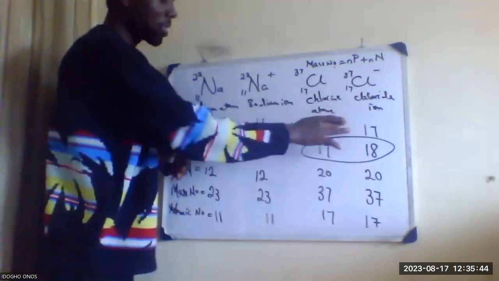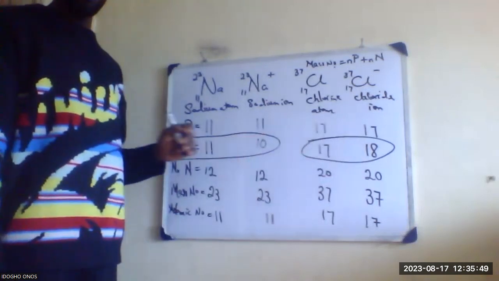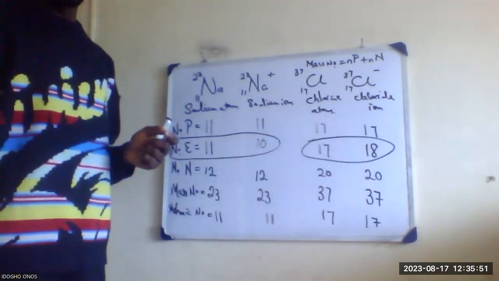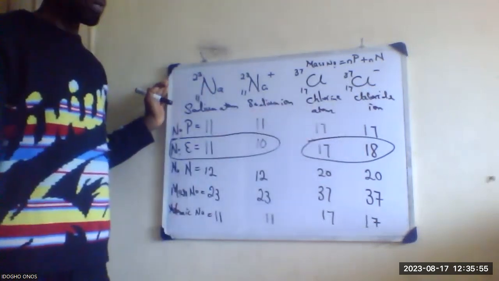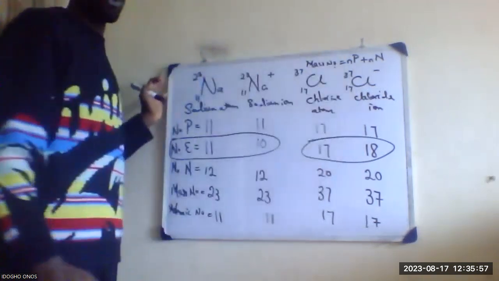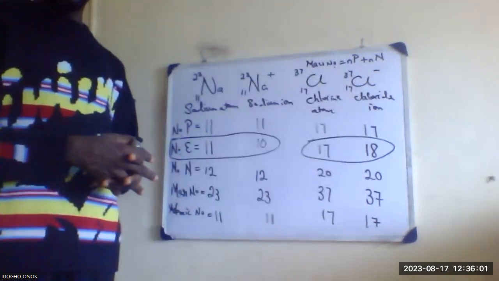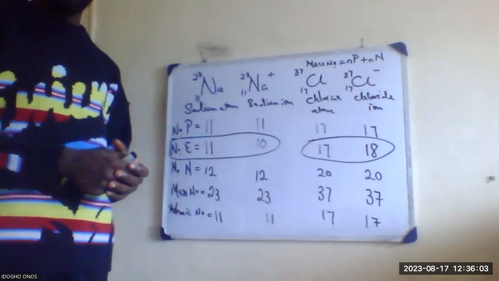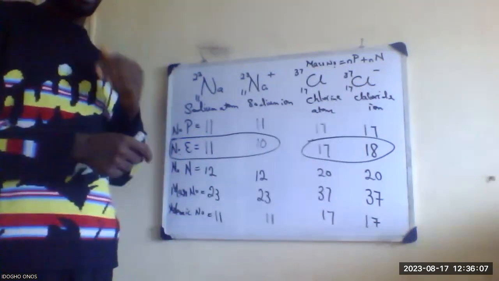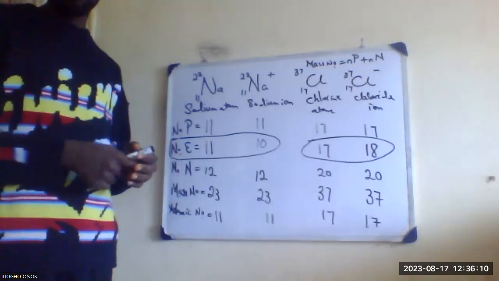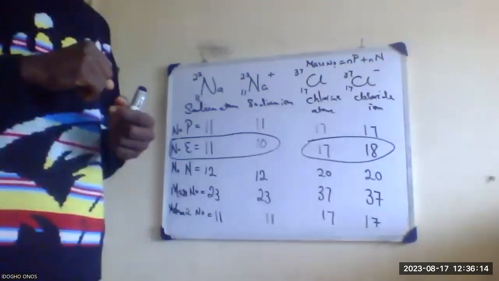So in terms of sizes, anions are bigger in size than cations. Let your students know that one. Anions are bigger in size than cations because anions gain electrons. So as they gain electrons, the size becomes bigger than the cations. They sometimes set a question asking which of the following has bigger atomic size, either cations, anions, and the rest. So know that anions are bigger in size than cations.